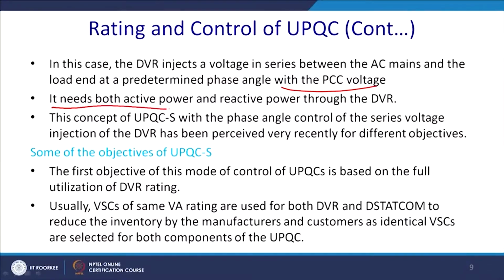So, ultimately the task of the DVR and the DSTATCOM is segregated, and they decide which angle and which phase the voltage and current are to be injected. They need both active power, as we have seen that it is not injecting in quadrature, neither is it injecting in phase. So, some portion of the active power is also required, and the reactive power, both from the DVR.